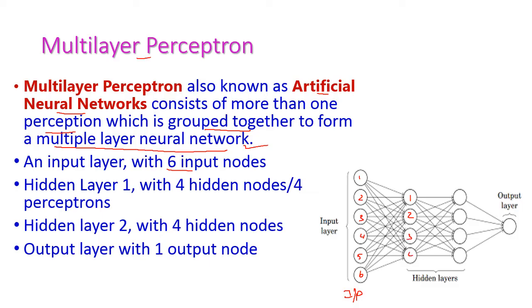In the first layer we are having 4 nodes and in the second layer also we are having 4 nodes, okay. And we are having only one output node, okay. This is the output node that will come under the output layer. This is multi-layer perceptron, which is actually the artificial neural network.